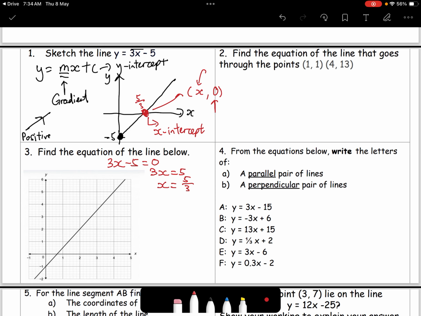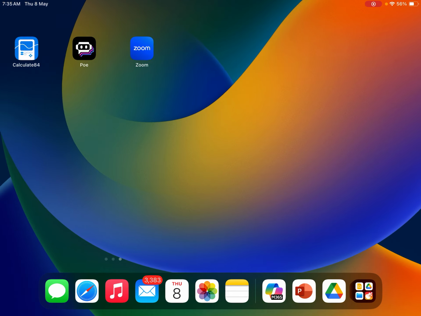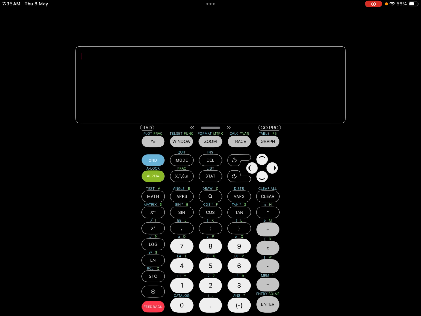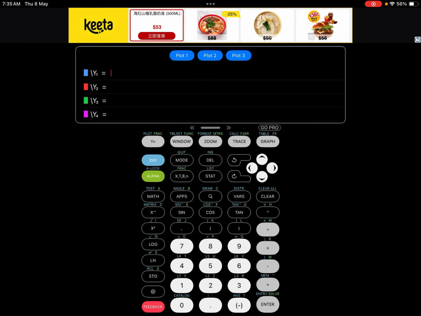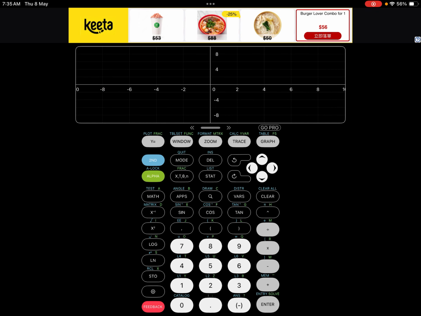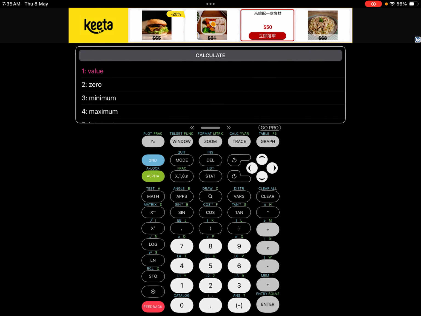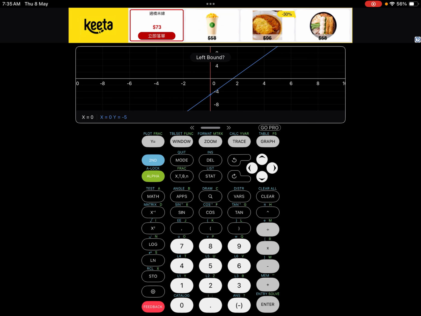Of course you could also find this x-intercept on the GDC. I'll show you how this works. If you go onto the calculator, go to Y= and put 3x minus 5 and graph it. If you want to find where the x-intercept is, go to second trace, go to something called zero, press enter, and they will ask for the left bound.